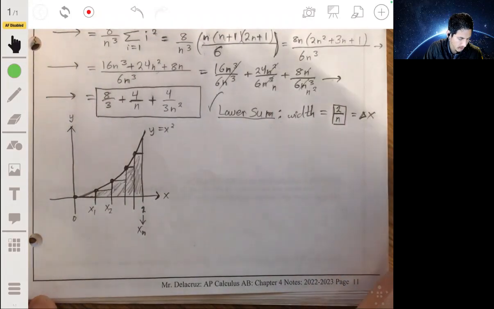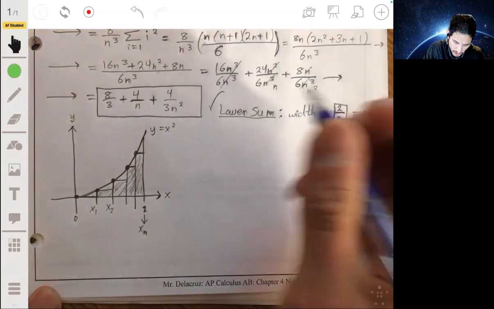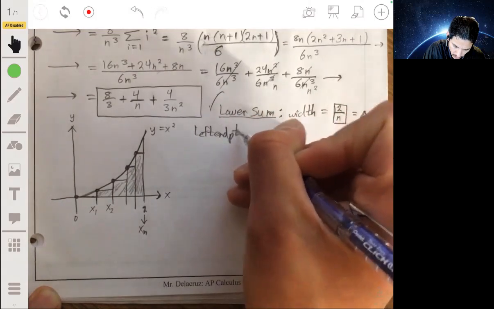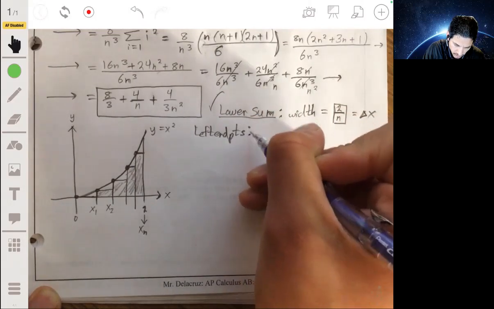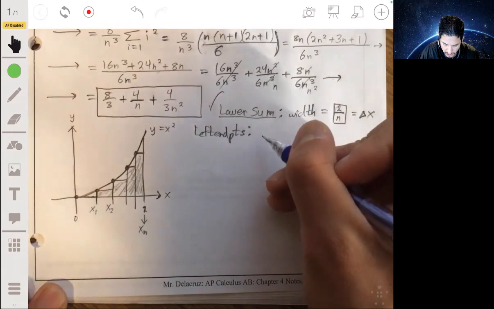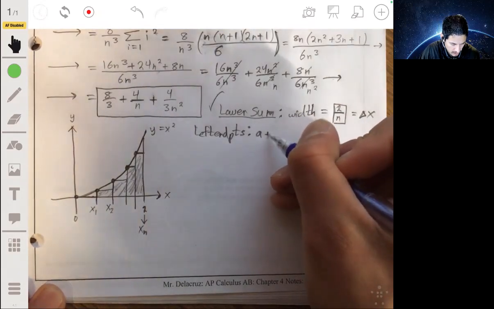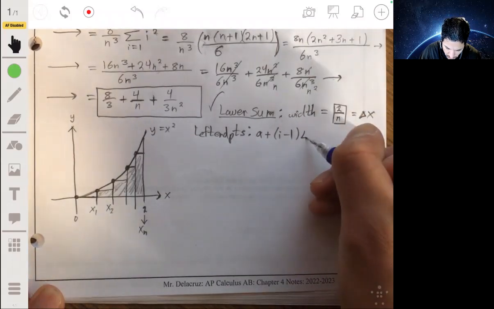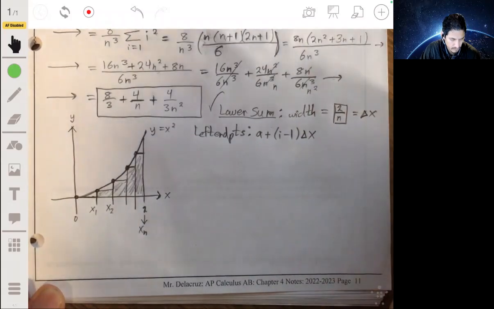Now your left endpoints, though, the expression that you can use for that is just going to be a plus i minus 1 times delta x, if you need some help.